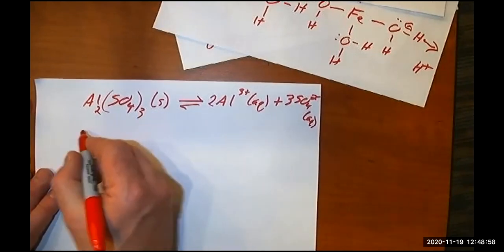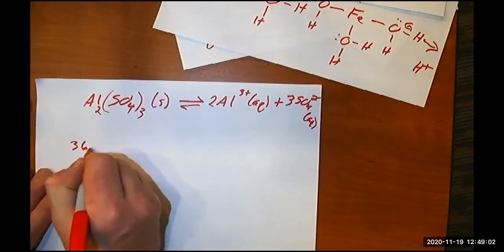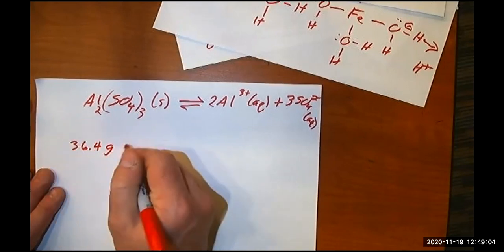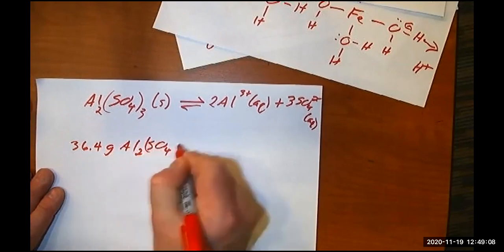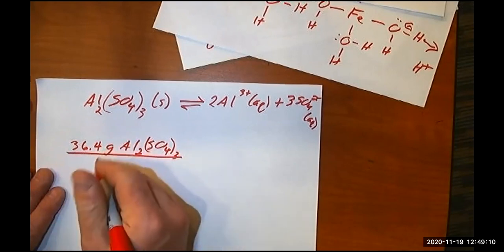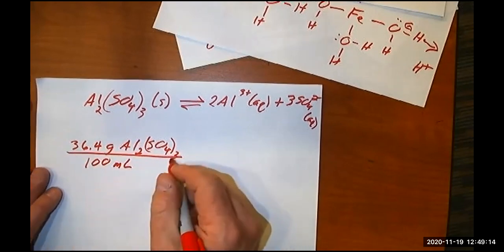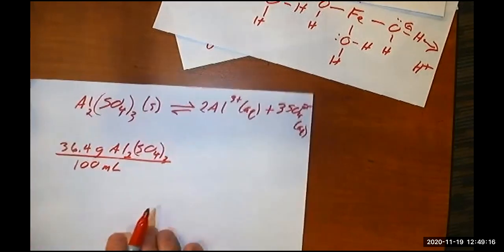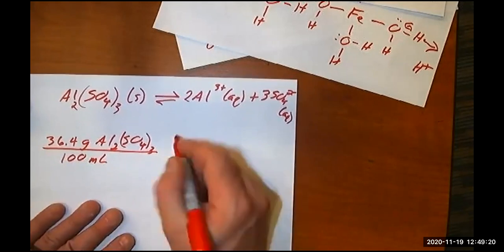So looking it up, I see that the solubility of this is 36.4 grams of Al2(SO4)3 in 100 mL of water. So let's first turn this into a molar solubility.